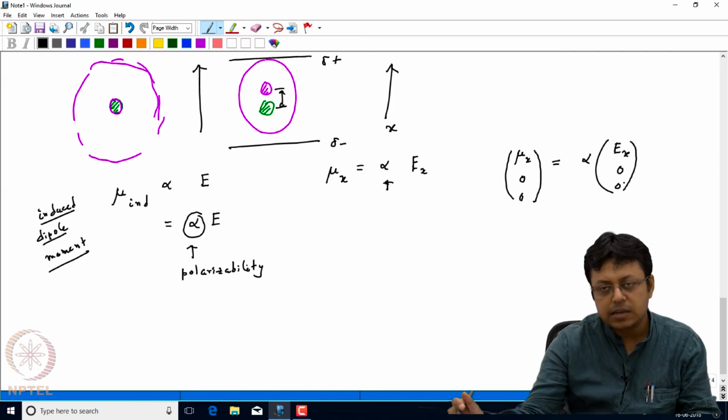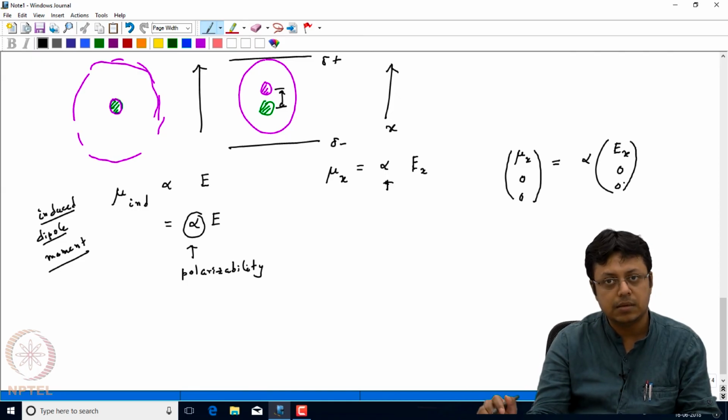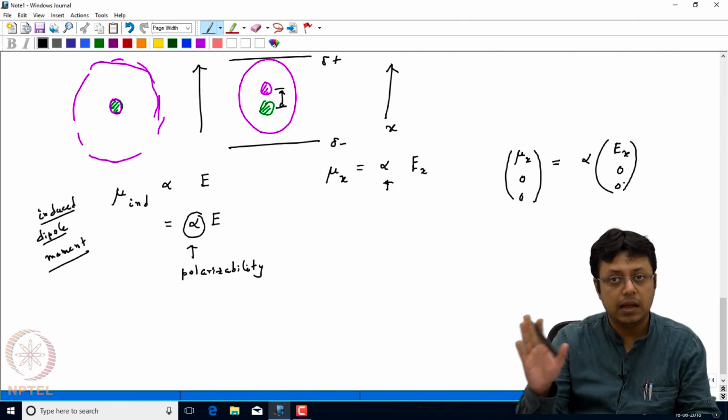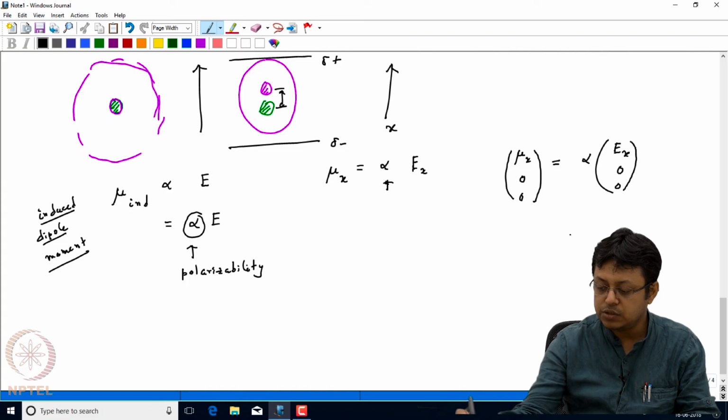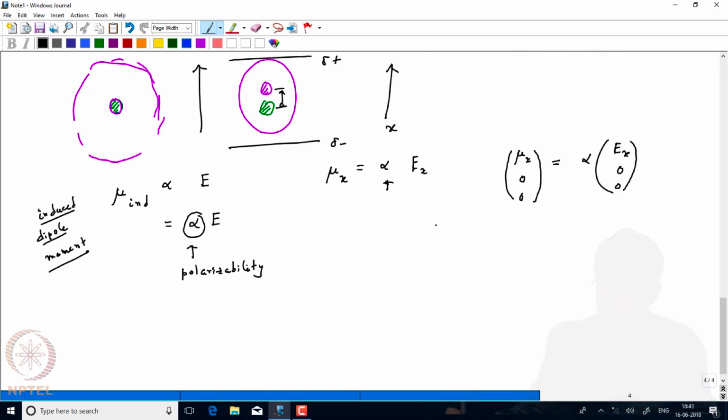So, basically this alpha in that case is just a number, because the electric field is also applied along the x axis. However, this may not be so simple, because you can still apply an electric field along the x direction, but create a dipole in the x and y direction also. Meaning, I can apply an electric field Ex, but then create a dipole which has components along mu x, mu y and mu z, all these components.